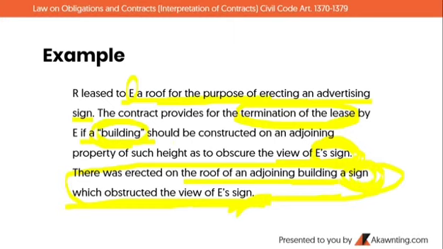Pero ang nakasulat dun sa kontrata natin ay building. Okay? Kapag nagpatayo ng building, okay, termination of the lease, if a building should be constructed on adjoining property. So, actually, this word building, it doesn't literally mean building talaga, kaya nagamit to kasi usually building ang pinapatayo na katabi nung property na nilease niya.